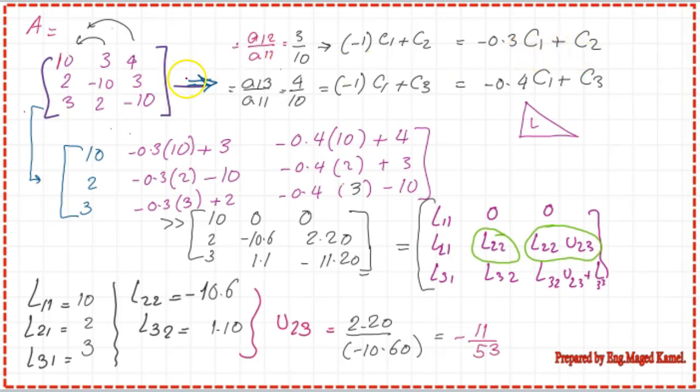And we are going to divide A13 over A11, which is 4 over 10, multiplied by minus 1 of the first column, add to the third column. The equation will be minus 0.4 C1 plus C3.